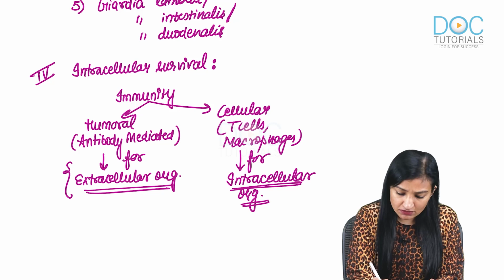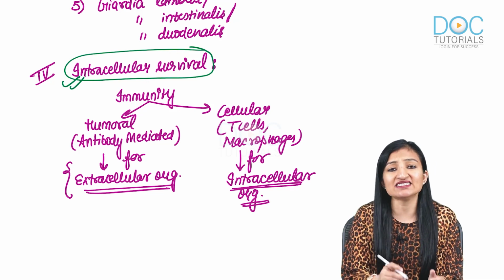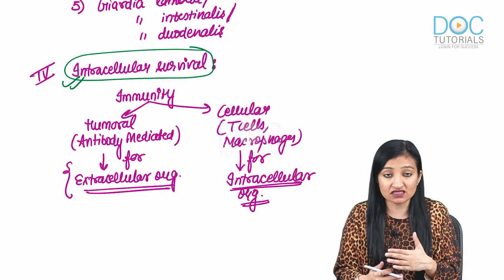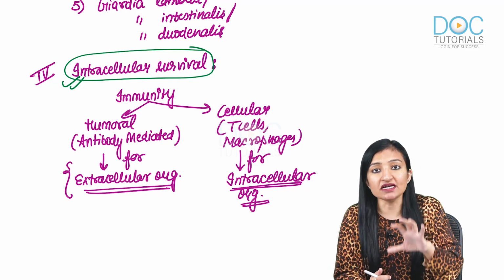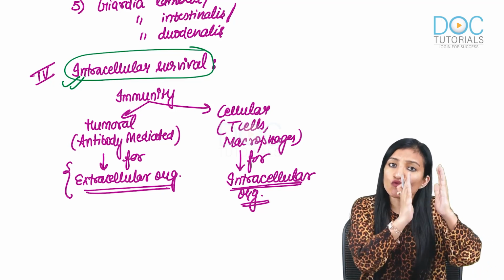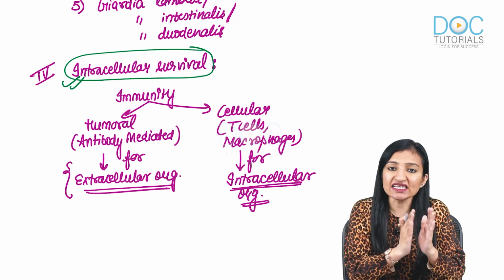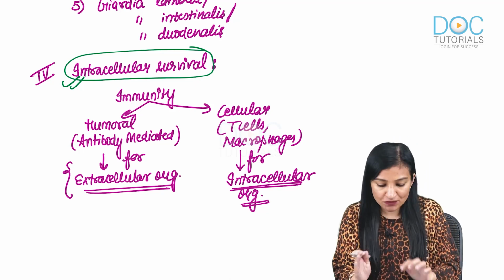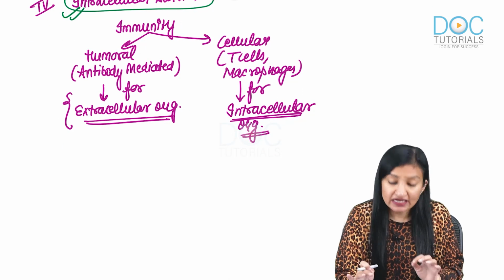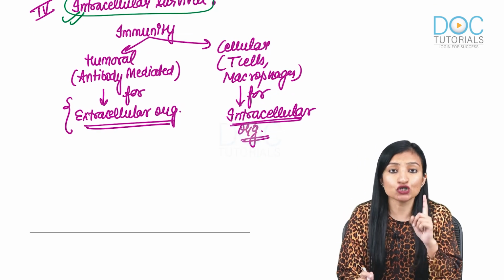So in a way we can say that intracellular survival provides an extra edge to microorganisms, because by becoming intracellular they can at least evade one very important type of immunity, that is humoral or antibody mediated immunity.